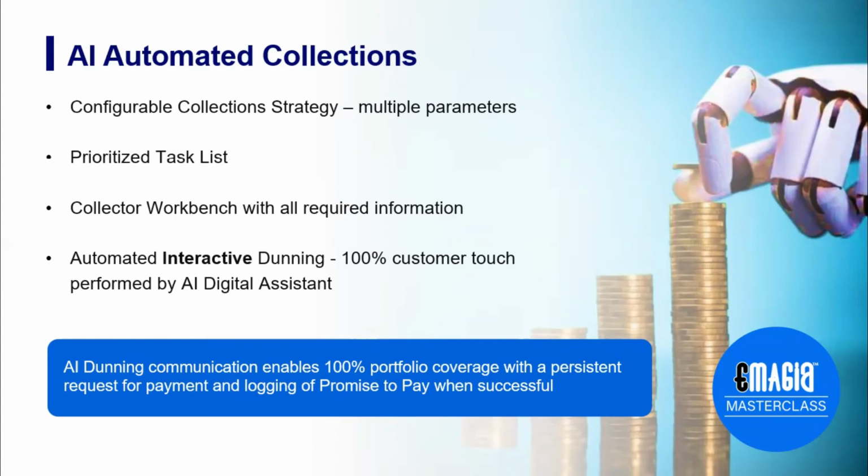And you have covered the small and medium-sized accounts that need a collection contact, but you never really had time to contact before with your limited staff of collectors. So you can really get 100% portfolio coverage, which is rare, and it's a more effective dunning.